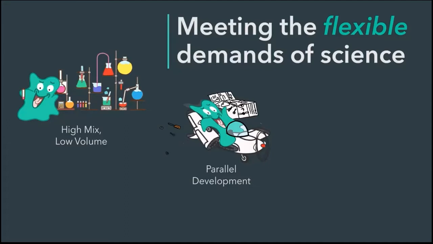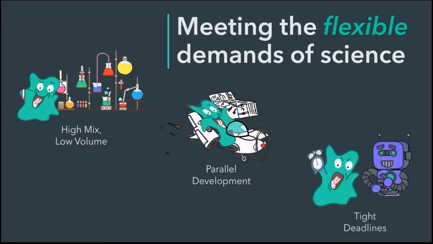Both of these scenarios are in and of themselves quite challenging, but in either of them, we may be subject to another type of challenge, which is deadlines. Science can be very opportunistic. The types of samples and projects available to us can change at any given moment.